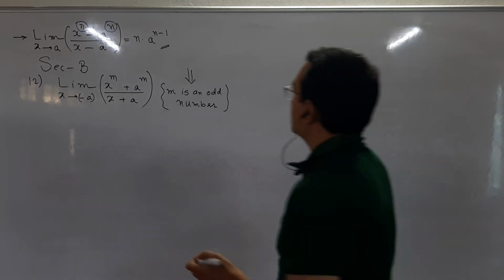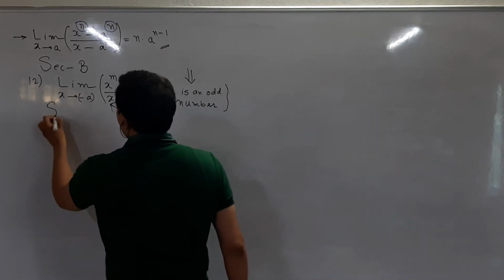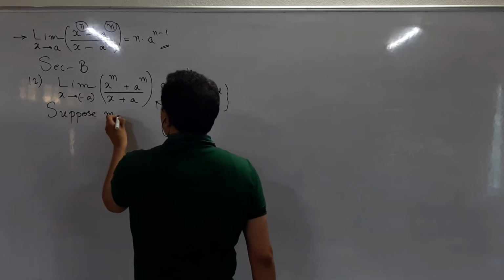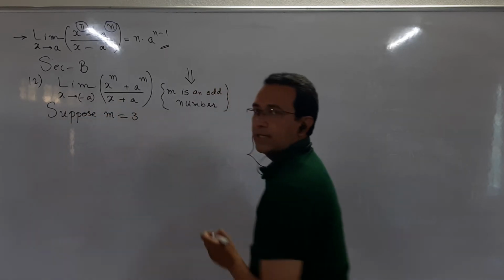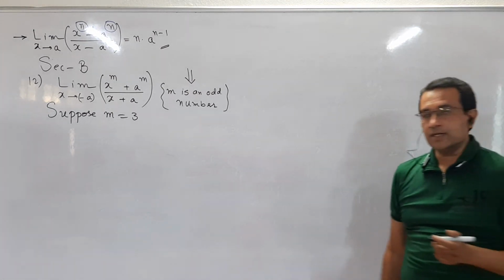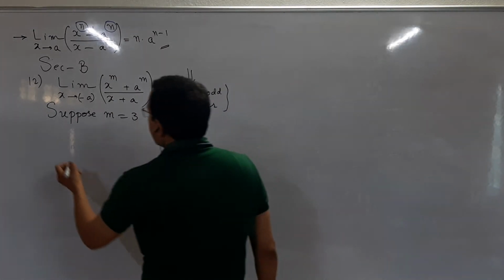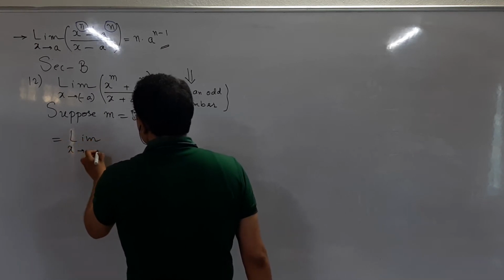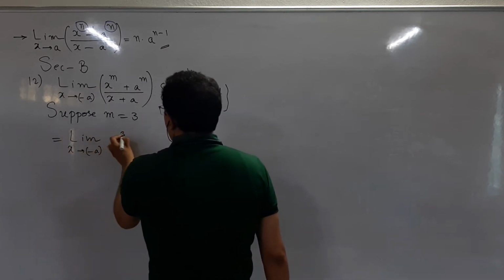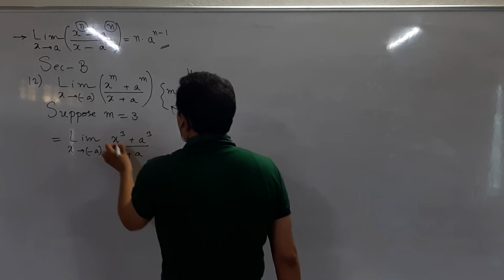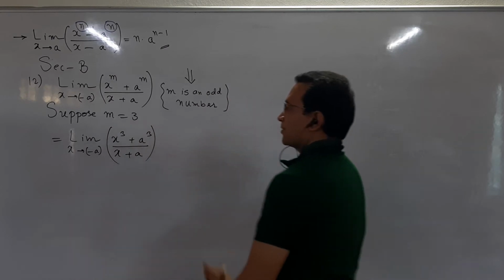So let me do the sum by taking n as odd. Let us take n is equal to 3. This is just a supposition. Suppose n is equal to 3. And 3, students, is definitely an odd number. So this limit changes to limit x tends to minus a, x cube plus a cube upon x plus a.